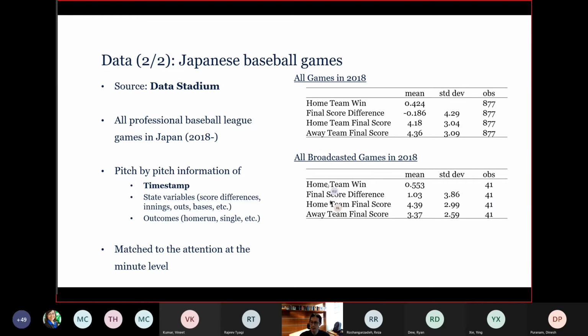And among this data set, the home team winning probability is slightly above 50%. So across all games in 2018, we don't see a significant home team advantage. But among the games that are broadcasted, we see a slight home team advantage.